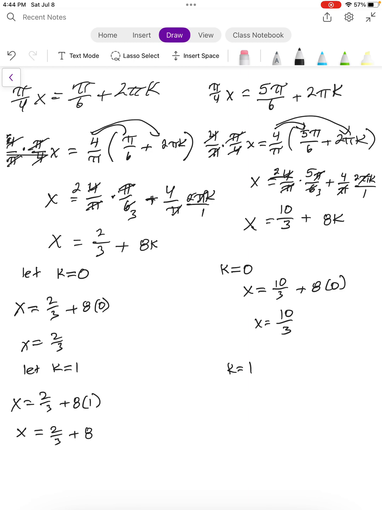To turn 8 into a fraction with a denominator of 3, I write 8 over 1 and multiply the denominator by 3. Whatever I multiply the denominator by, I have to do to the numerator, so 24 over 3 is the same as 8 over 1. I replace the 8 with 24 over 3, and the answer in fraction form is 26 over 3.